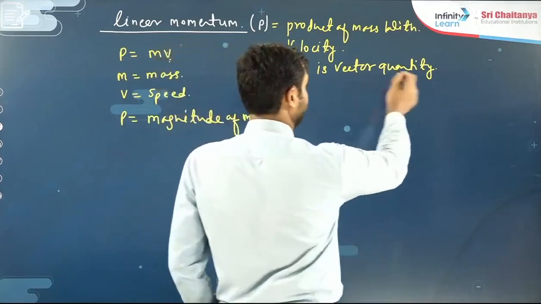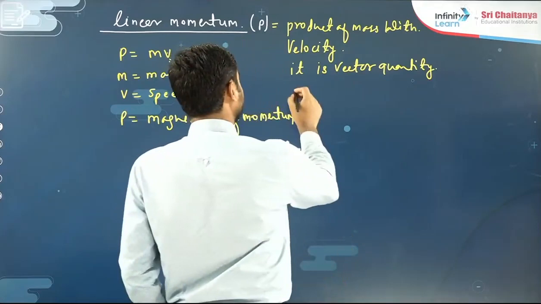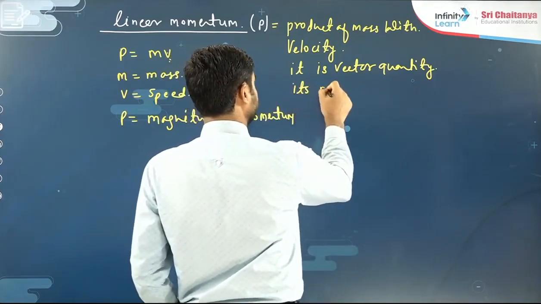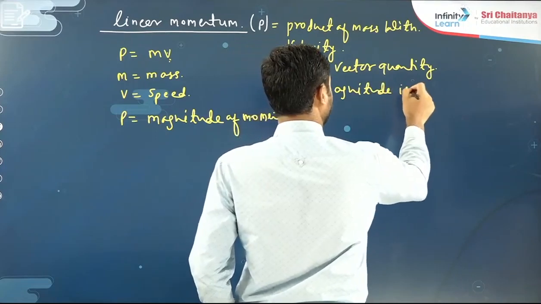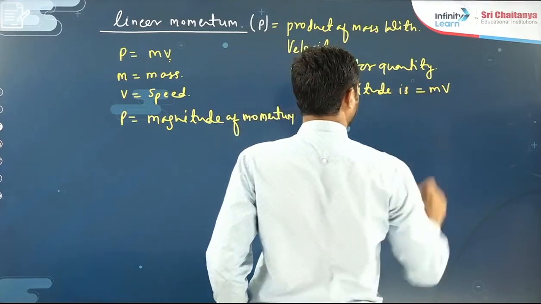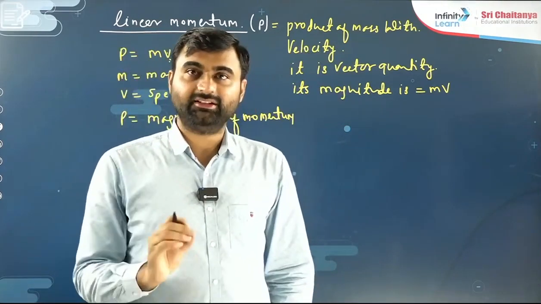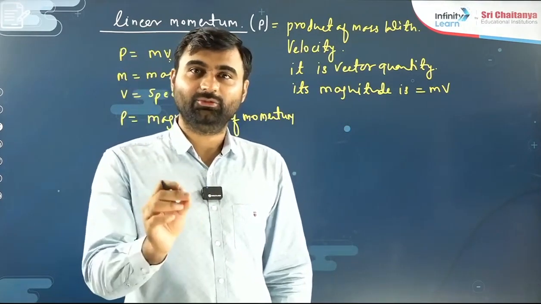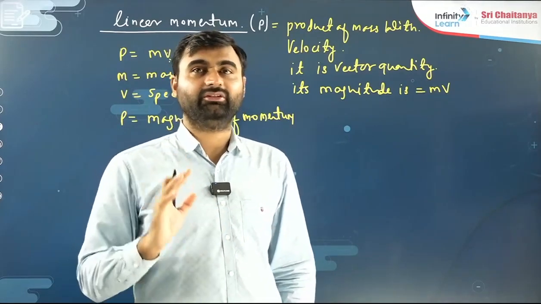Okay. Now, what is direction? We understood that it is a vector quantity, so it has both magnitude and direction. Its magnitude is mv, and its direction is along the velocity. So what is the direction of momentum? Along the velocity.